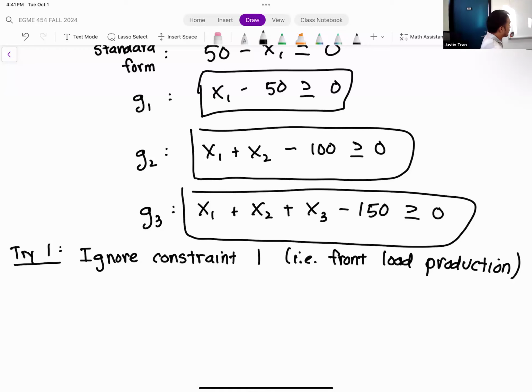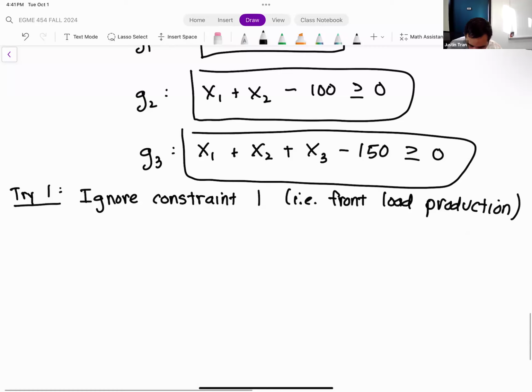So we're going to treat this problem as if we ignore constraint 1. In this case, our other two constraints become binding, and so we change that inequality to an equality.